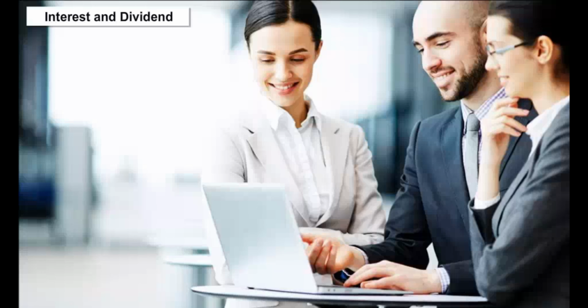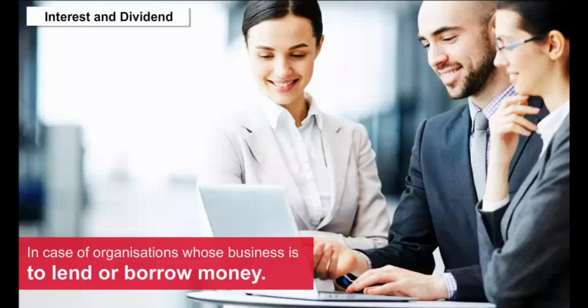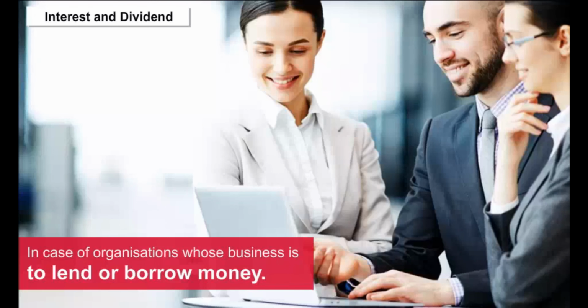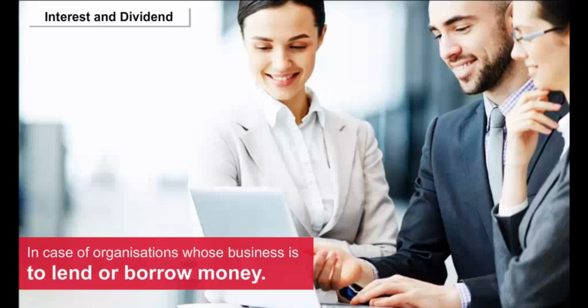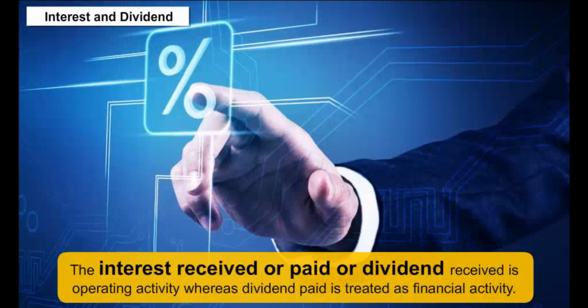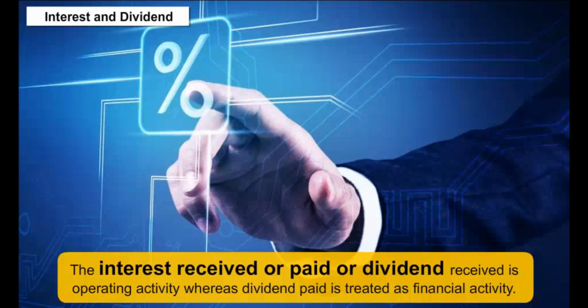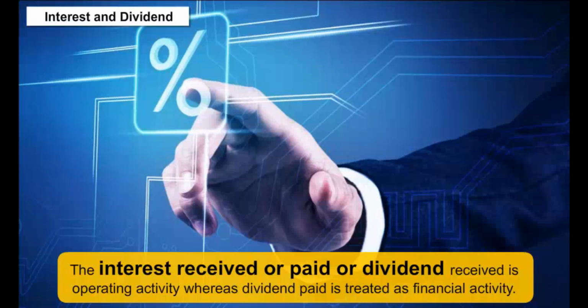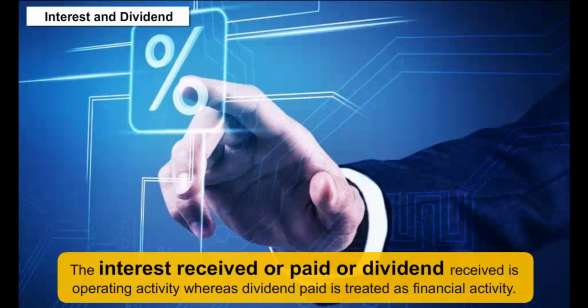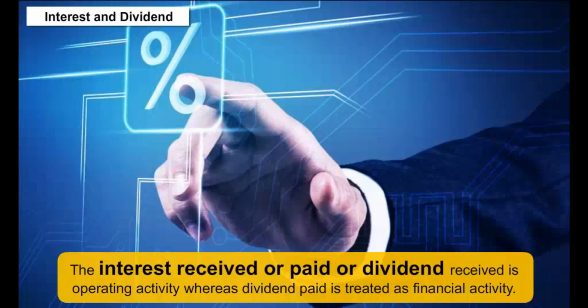Interest and dividend. In case of organizations whose business is to lend or borrow money, the interest received or paid or dividend received is operating activity, whereas dividend paid is treated as financial activity.